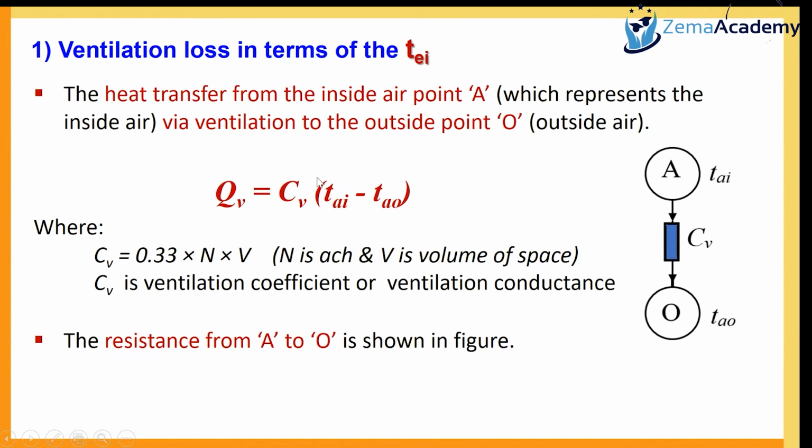We already know that this ventilation conductance can be specified with this formula, where N represents the number of air changes per hour from the space and V is the volume of the space. I hope this process of heat transfer is clear, the ventilation term.